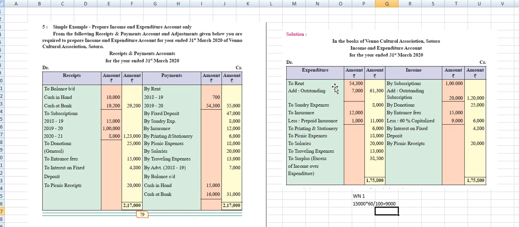But in a not for profit organization, we use the receipts and payment account and prepare the income and expenditure account, just as we calculate the profit and loss account. Later on we'll get the balance sheet also. So thank you.